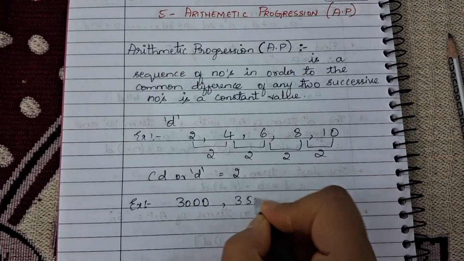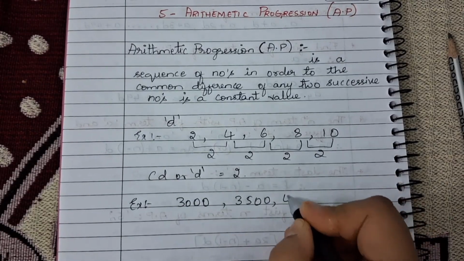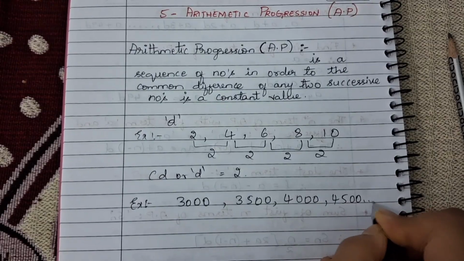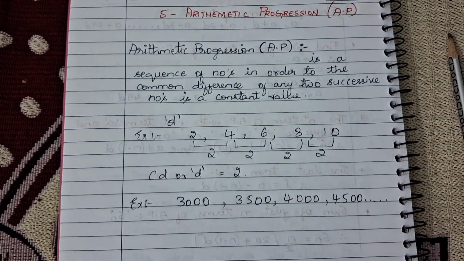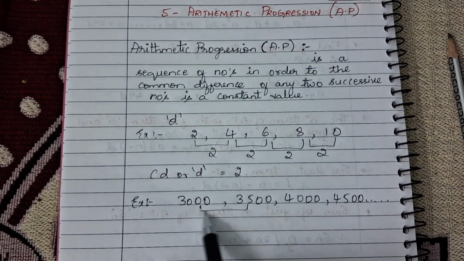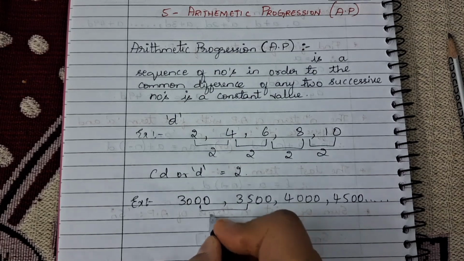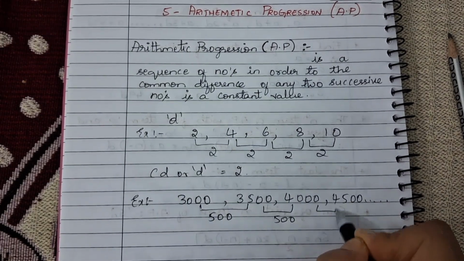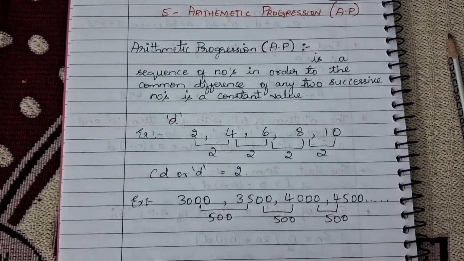That is 3,500, again 4,000 and 4,500 and so on. And here, what is the difference between these terms? We have 3,000 and 3,500. What is the difference? That is 500. Again over here it is 500. Again over here it is 500. The difference between the two terms is called common difference, and common difference is symbolized as D.